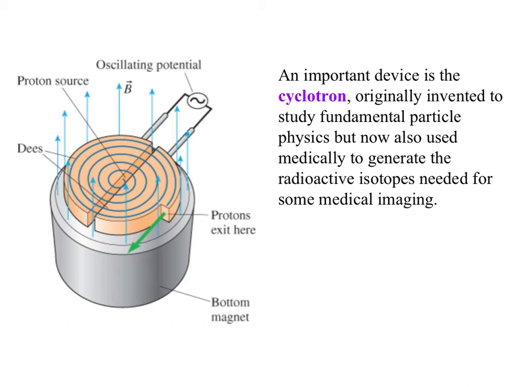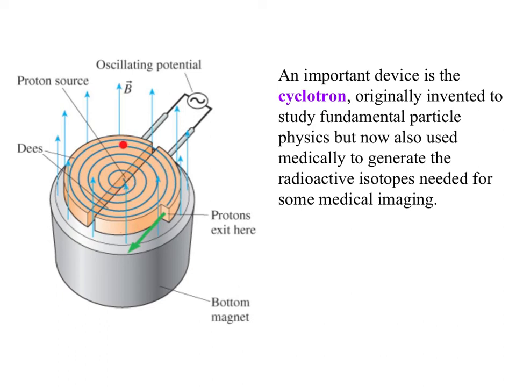The parts of a cyclotron include something that provides a high voltage oscillating potential, so sometimes this is positive, sometimes this is negative, going back and forth, with a very, very large potential. We put some source of protons in the middle, and then they enter the magnet.